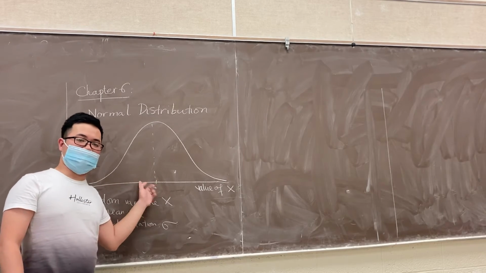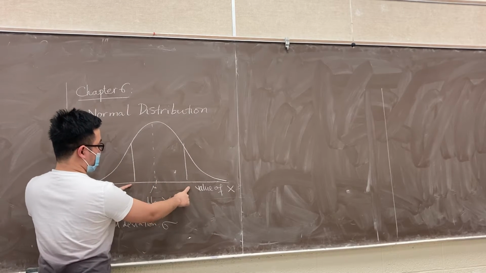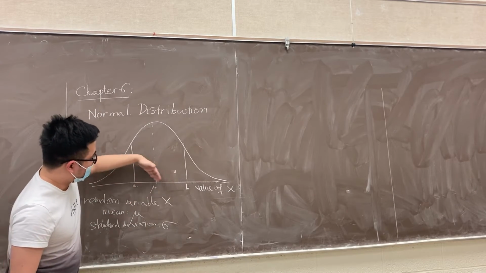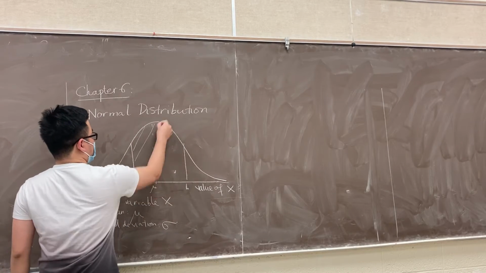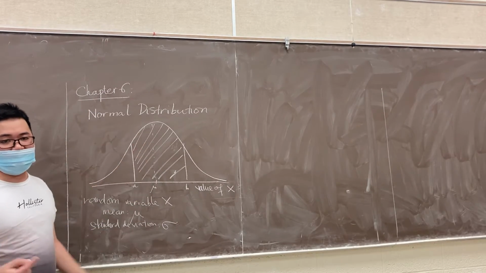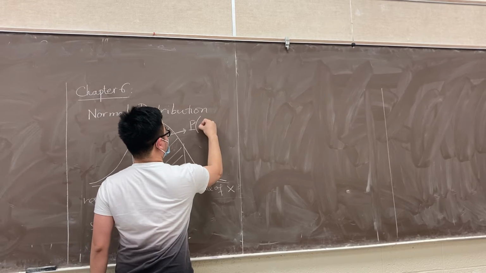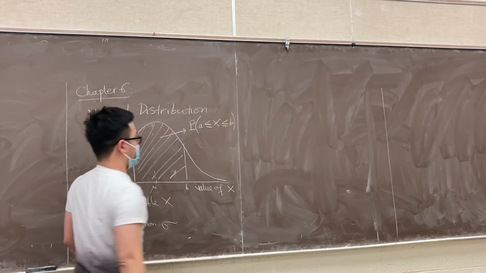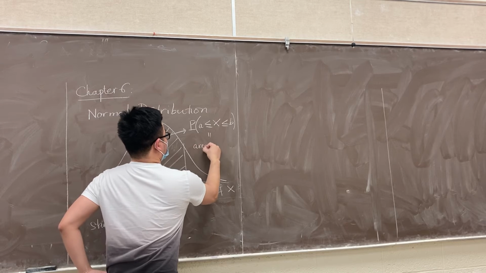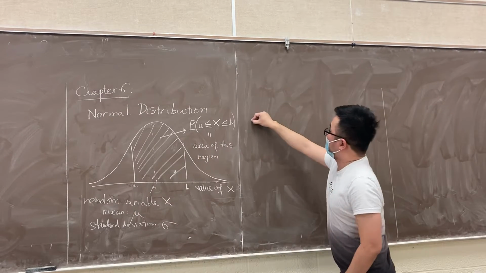For example, the x-axis represents the value of x, from A to B. That means here is the value of x from A to B, and the area of this region represents the probability of x from A to B. The probability of x from A to B is equal to the area of this region.